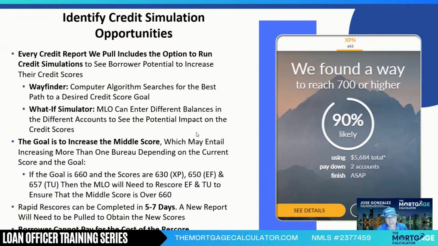Now, the two simulations that we have at our disposal, one is the Wayfinder and the other is the What If. Now, be aware that the Wayfinder is a computer algorithm that searches for the best path to a desired credit score goal. It's only going to work as good as you configure it, right? So you have to be aware that the Wayfinder comes preset with certain maximum amounts that you could spend per account.